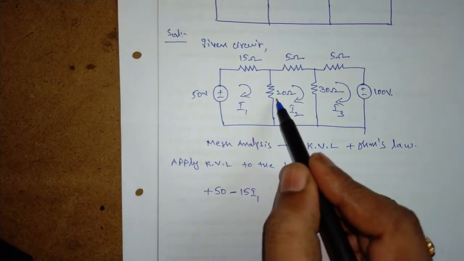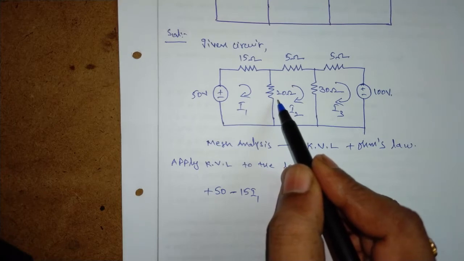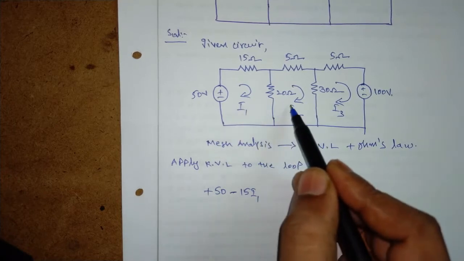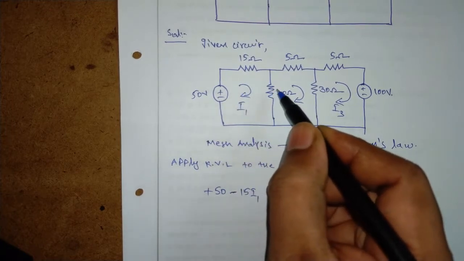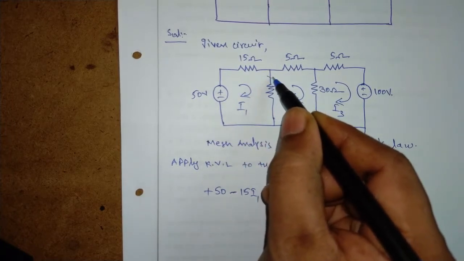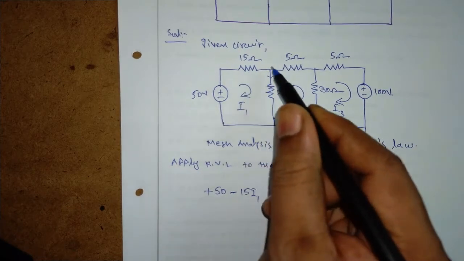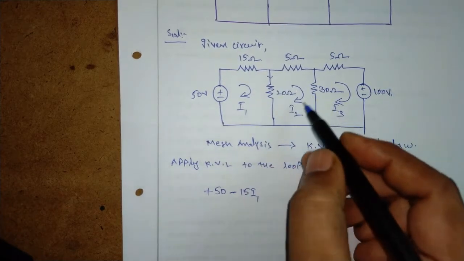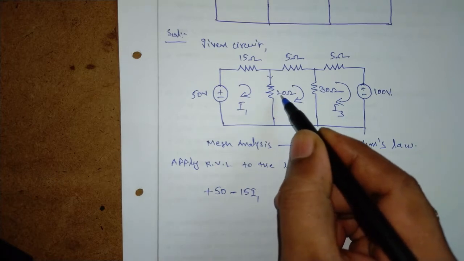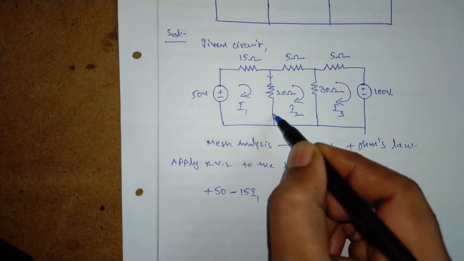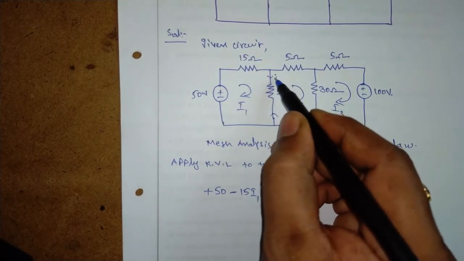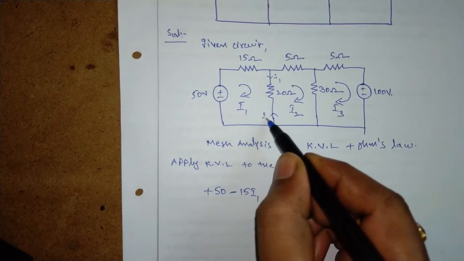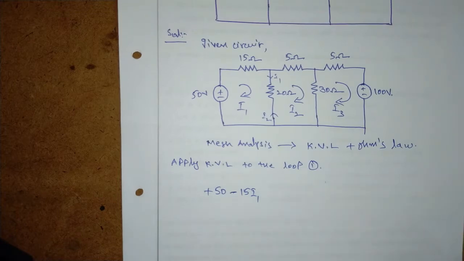Next, coming to this 20 ohms resistor, it is in between loops 1 and 2. Here the I1 is from top to bottom in this 20 ohms resistor, and the direction of the I2 in this 20 ohms resistance is from bottom to top. This is I1 direction and this is I2 direction. Both are in opposite direction.